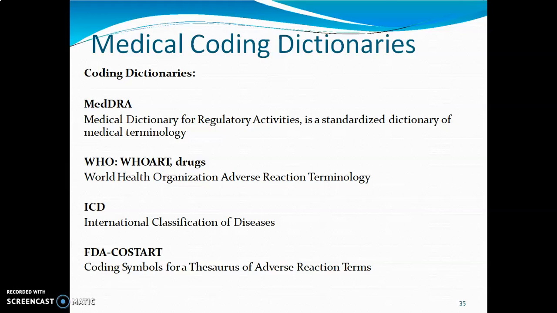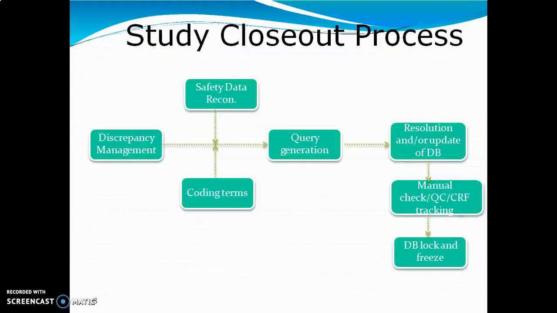This is also a medical coding dictionary. Then we have ICD, the International Classification of Diseases, and FDA COSTART, Coding Symbols for a Thesaurus of Adverse Reaction Terms. With the help of any one of these dictionaries, they code it, so that much of the complication or confusion can be avoided.